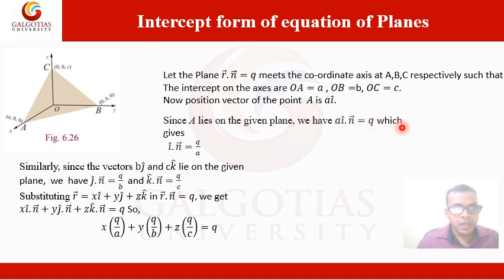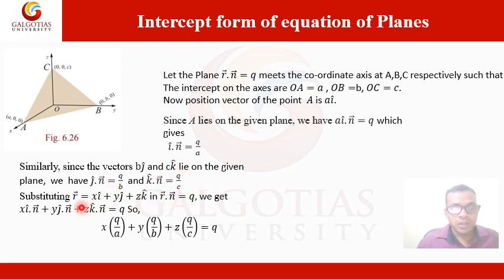So I get i dot n vector equal to q by a. Similarly for the y-axis and z-axis, j dot n cap is equal to q by b, and k cap dot n vector is equal to q by c.